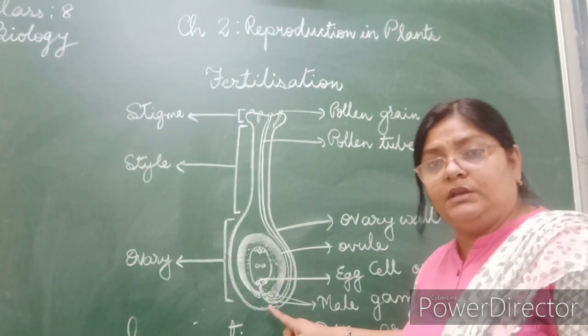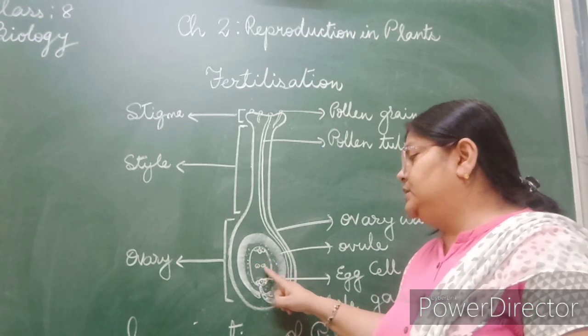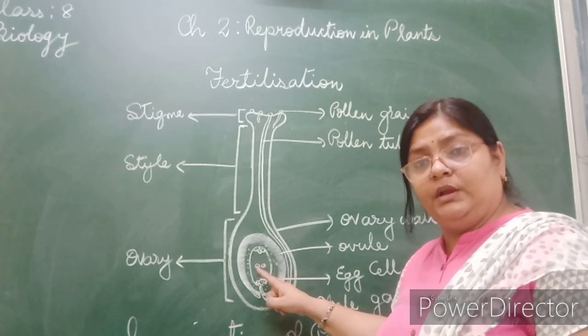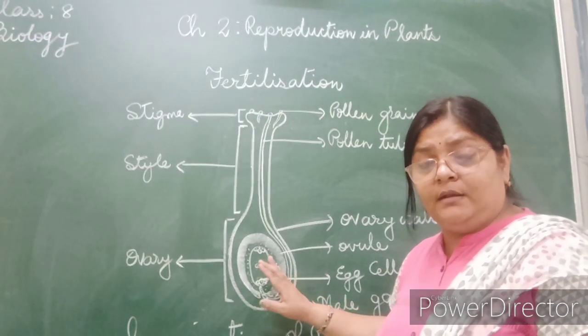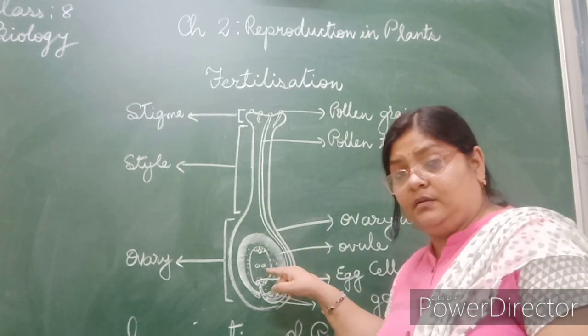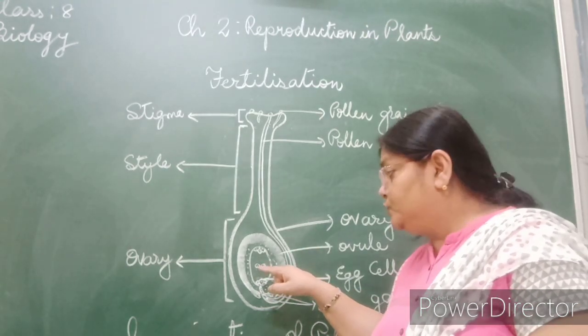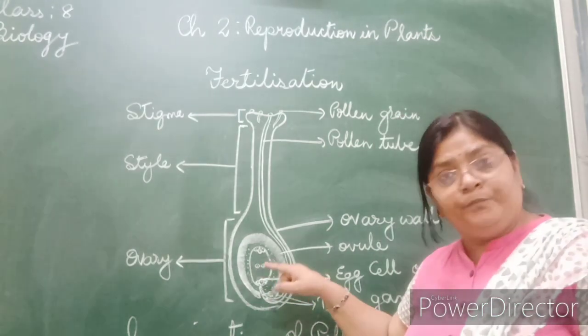The other male gamete nucleus moves in towards the polar nuclei and fuses with them. So if you can imagine what happened, there are the 2 polar nuclei and the male gamete nucleus. So triple fusion occurs here, 3 nuclei fusing together.